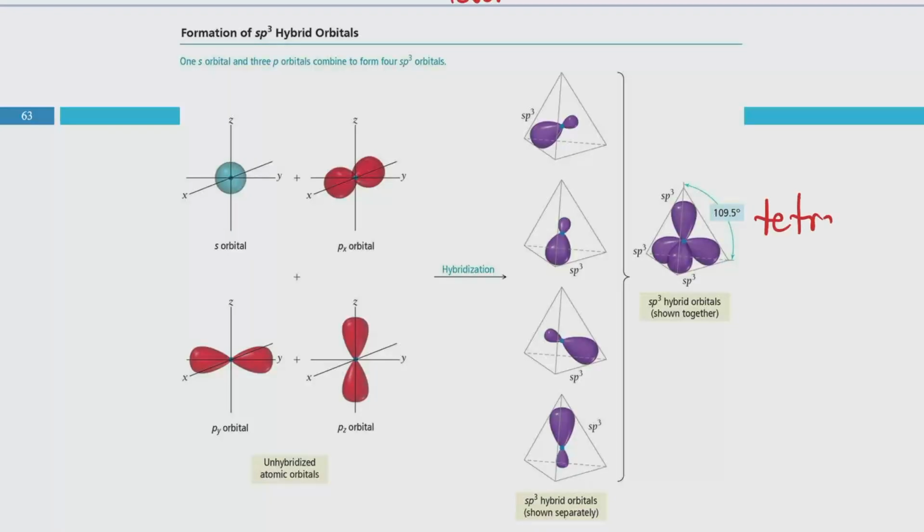This is tetrahedral. That's that tetrahedral shape. We've got 1 pointing up, we've got 2 pointing down and out, we've got 1 pointing back, or however you want to rotate it. There's a bunch of different ways you can draw it. But this is our tetrahedral geometry, and that's because tetrahedral is 4, sp3, the 1 s plus the 3 p's equals 4. So sp3 is always going to be tetrahedral in terms of its shape.